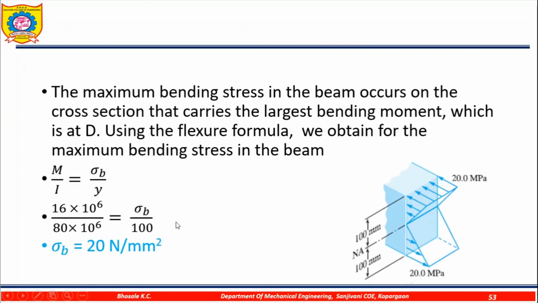The maximum bending stress in the beam occurs on the cross section that carries the largest bending moment, which is at D. Using the flexural formula, M upon I is equal to sigma B upon y, the maximum bending stress sigma B is 20 Newton per millimeter square. So here at the top it is compressive 20 megapascal, and tensile at the bottom.